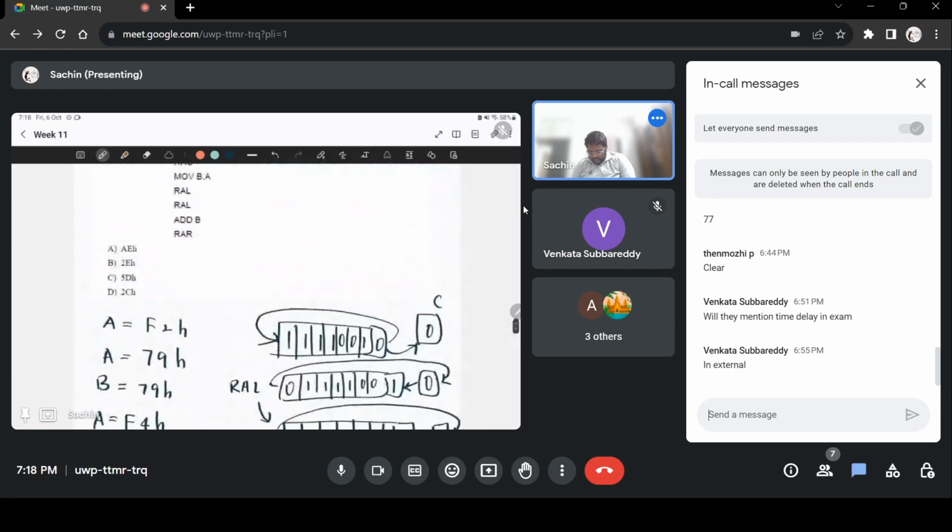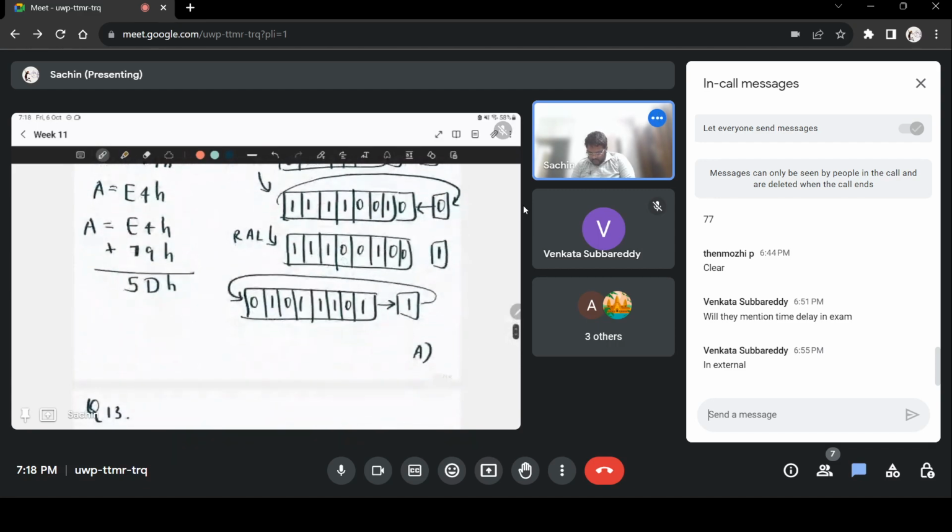So it is 1010 1110. Your carry will be 1.